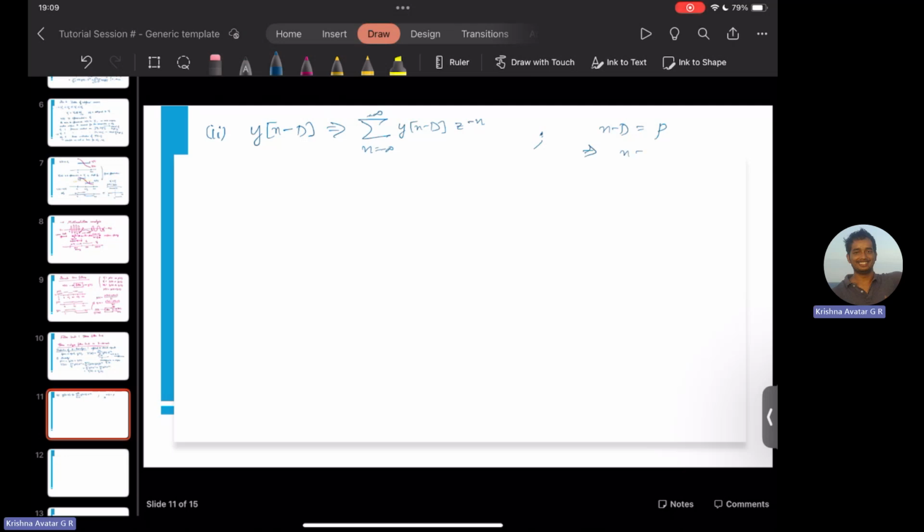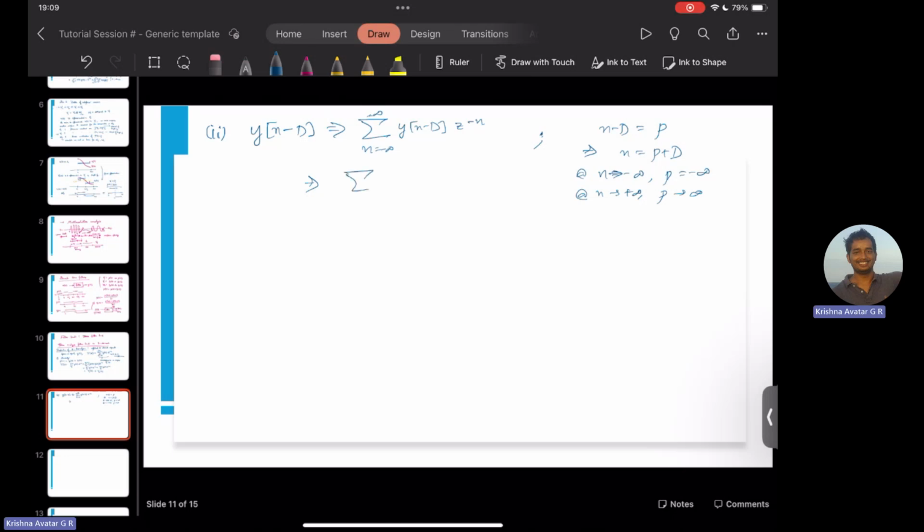Then this implies that n is equal to p plus d. Also, as n tends to minus infinity, since d is some finite integer, p also tends to minus infinity. Likewise, at n tending to plus infinity, p would tend to plus infinity. So the limits don't change.